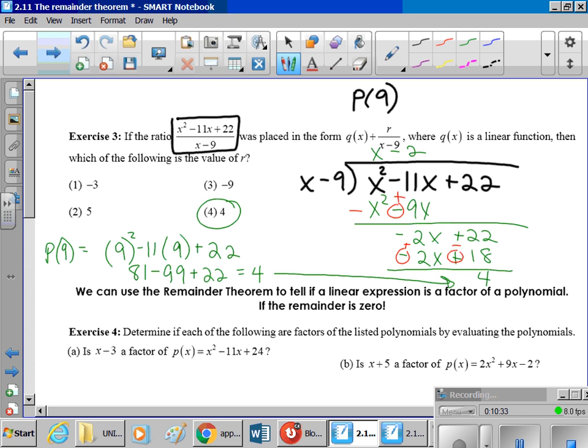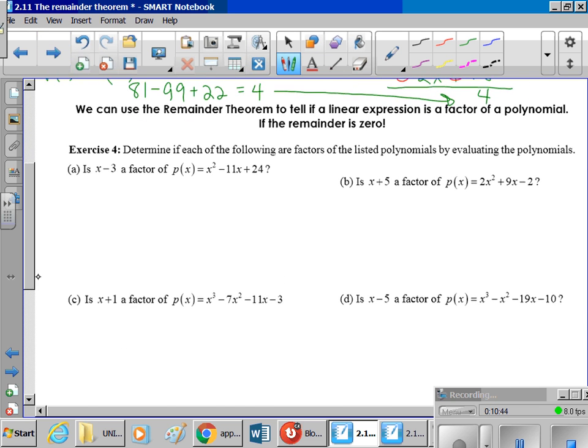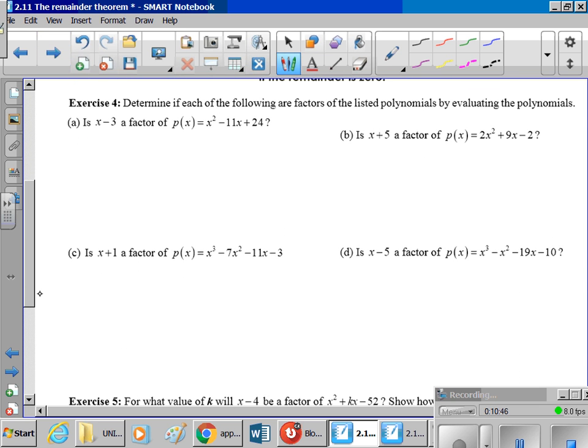So we can use the remainder theorem to tell if a linear expression is a factor of a polynomial because we have to see if the remainder is 0. So that's a really important fact to learn from the remainder theorem. For example, in exercise 4, it says determine if each of the following are factors of the listed polynomial by evaluating the polynomials. So they're asking, is x minus 3 a factor? We can do this one of two ways.